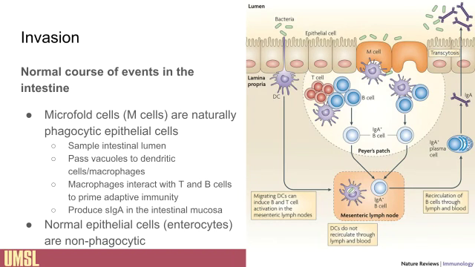Those surfaces are chock full of transporters and all kinds of things in epithelial cells. However, M cells are relatively smooth. And they're much larger in terms of their physical footprint. And they're constantly gobbling things up from the lumen.